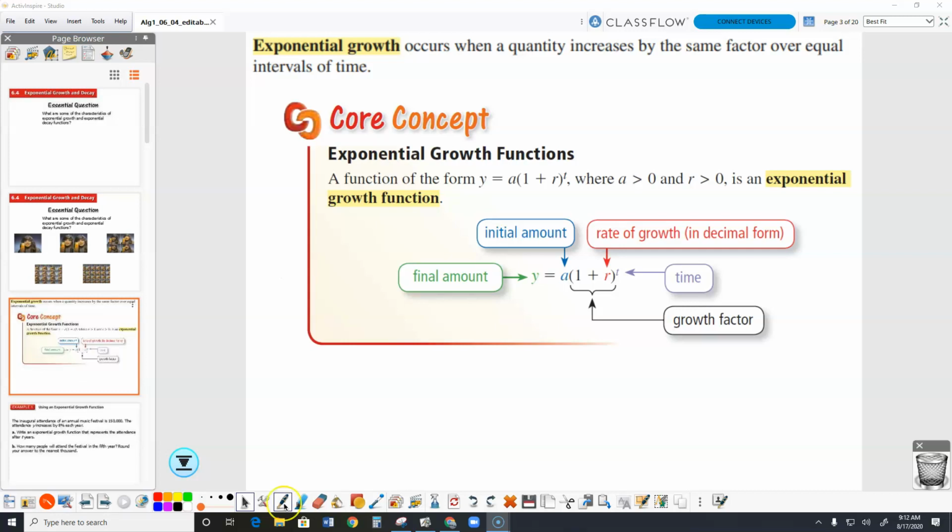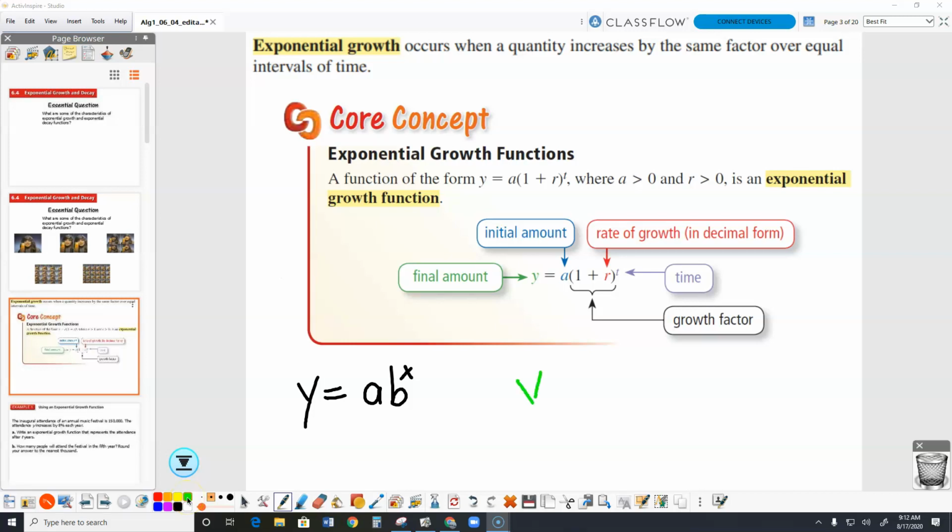Now, previously, we were using an exponential function, y equals ab to the power of x. We're going to make a few modifications to this equation that we were using.